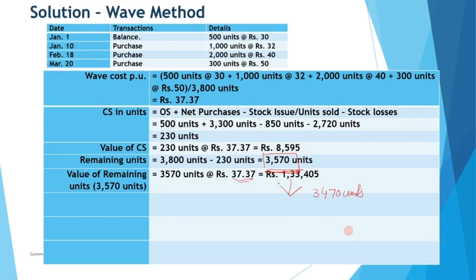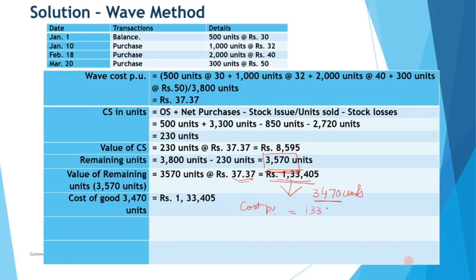That is, now the cost of 3570 units is spread over 3470 because normal loss was there, so it is not separated from the cost, it is included or it is a part of this cost. Okay, so this cost is spread over 3470 units. So cost of good units is 133405.